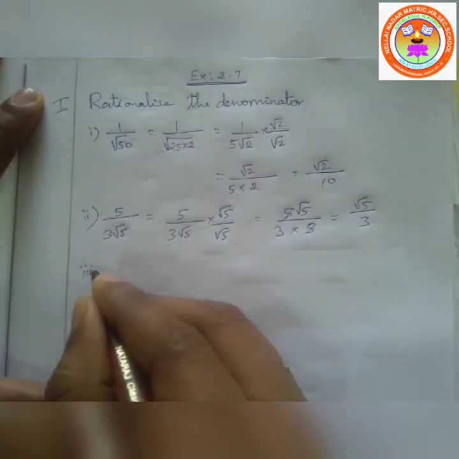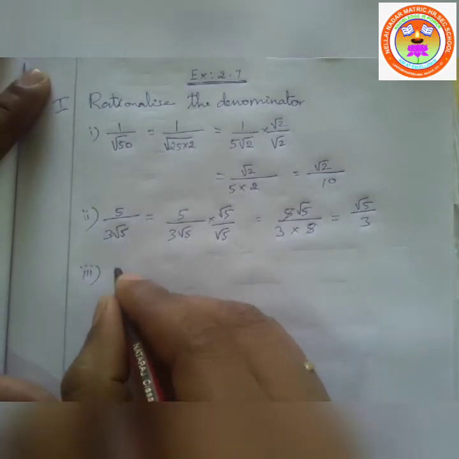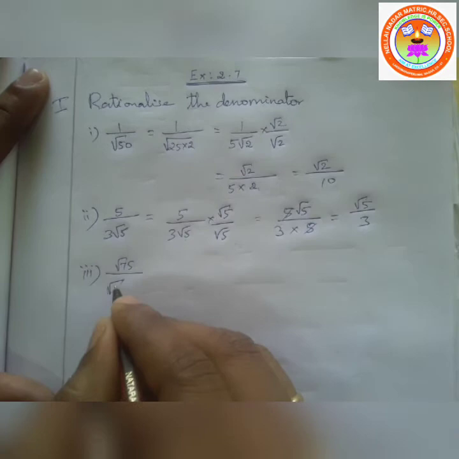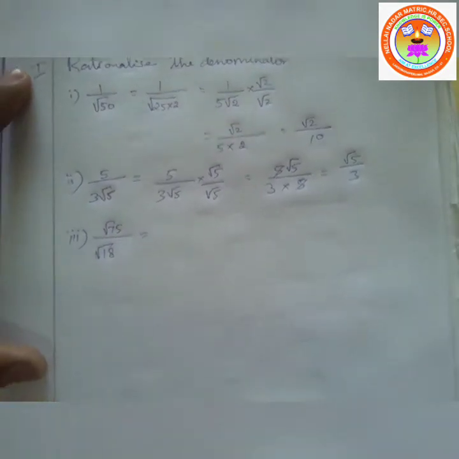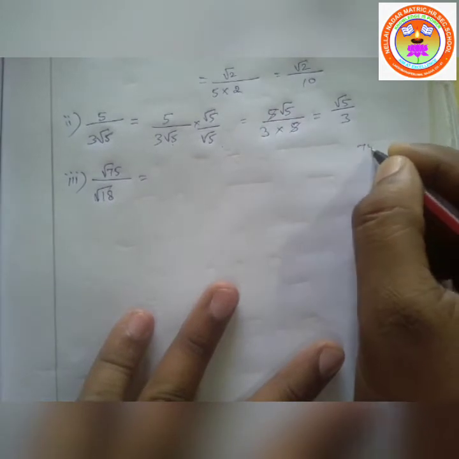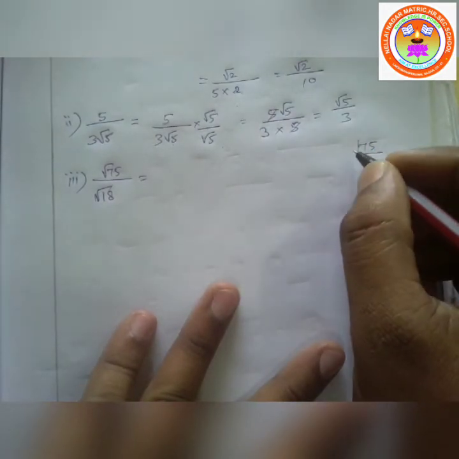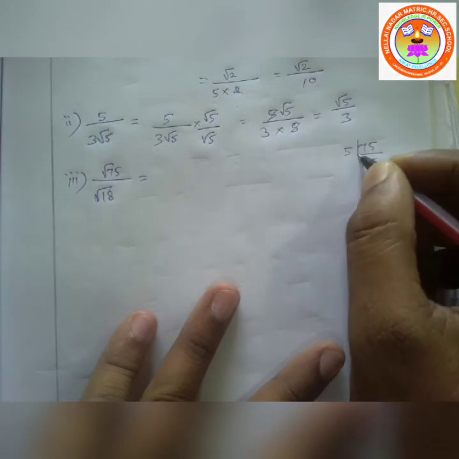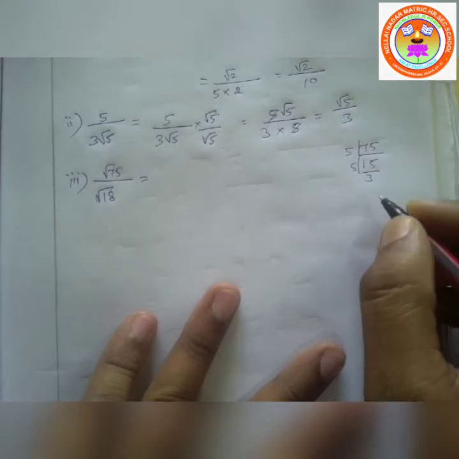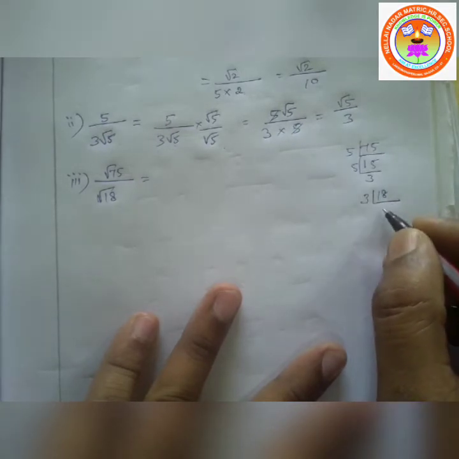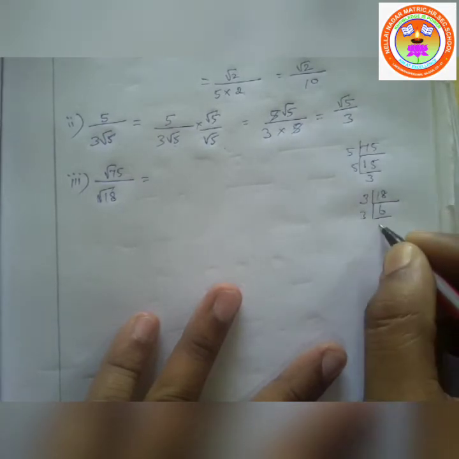The third subdivision is root 75 by root 18. We have to do the prime factorization method for 75. 5 ones are 5, 5 threes are 15, again 5 threes, 3. For 18, you go for 3 tables, you get 6, again 3 twos.